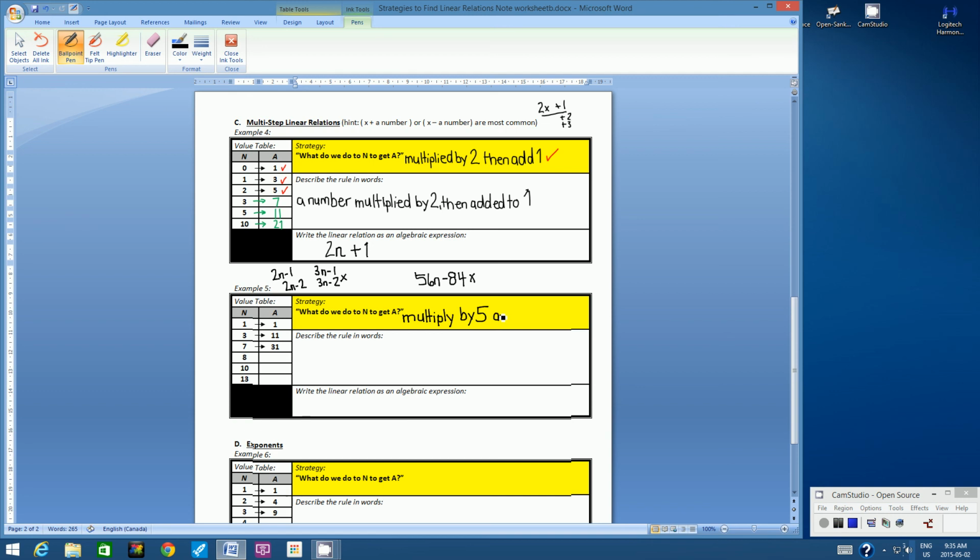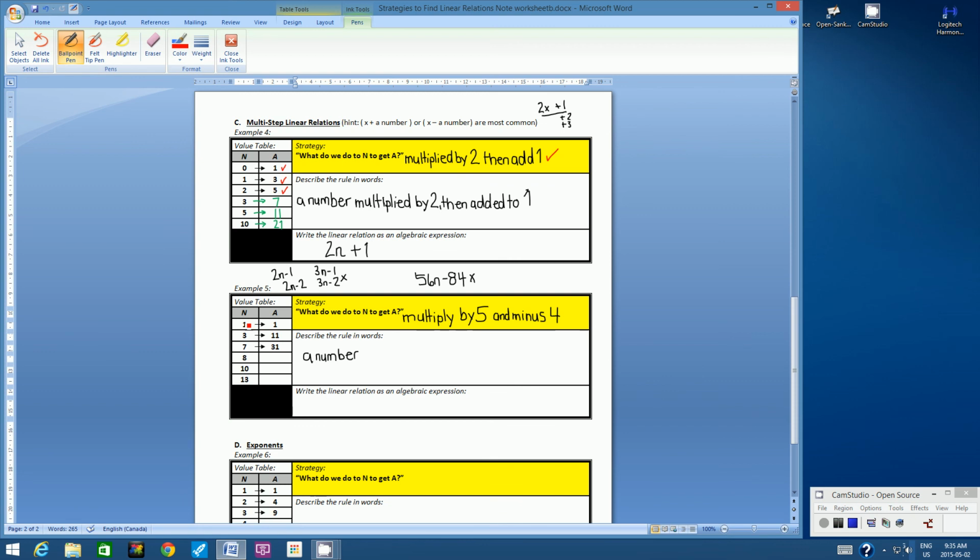And minus 4. Okay? So if we were to describe that in rules, as a rule, sorry, actually, what I should do is I should check it first.